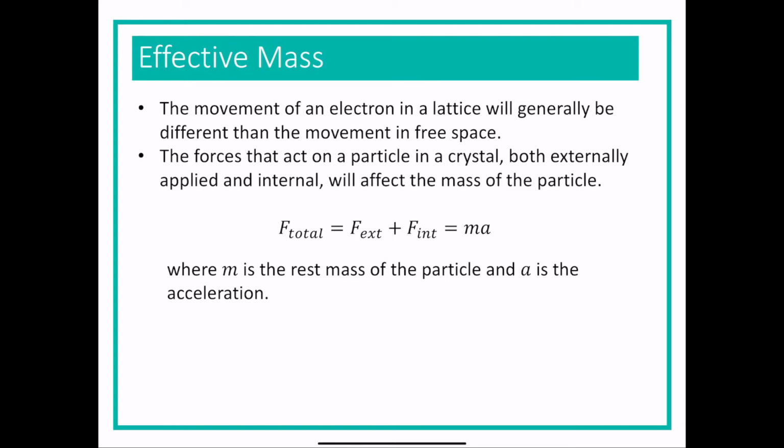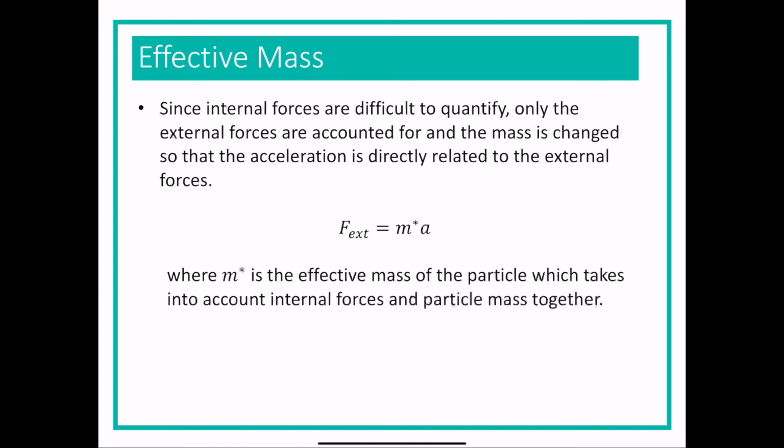So rather than try to figure out what the internal and total forces are, we just use the external force and we say, well, it equals this mass that's changed a little bit times the acceleration, so that we could still have F equals ma and have it work. And this m star is known as the effective mass of a particle. And it takes into account what is going on internally inside the structure.